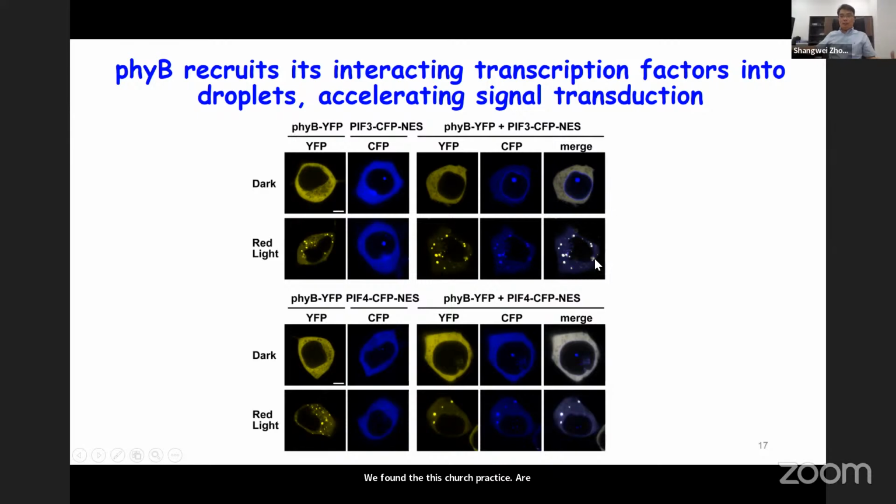So in these 5B food bodies, not only the 5B protein itself, but also other components in the signal transduction pathway, such as the transcription factors, are recruited, to constitute a high level of protein concentration in these droplets to accelerate the signal transduction.